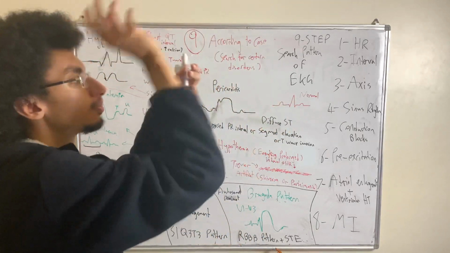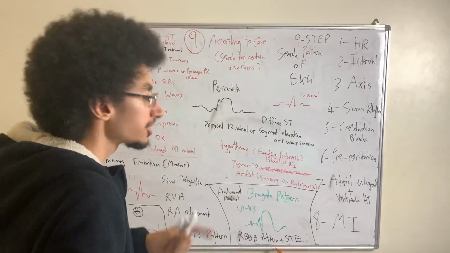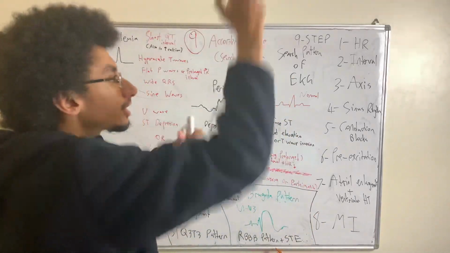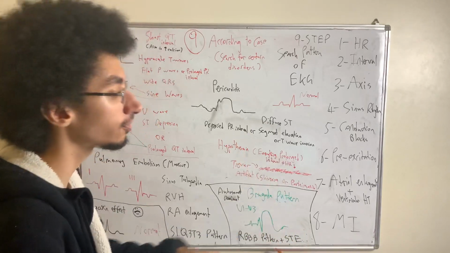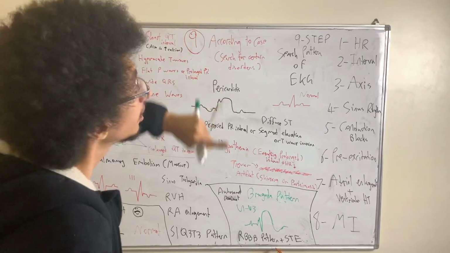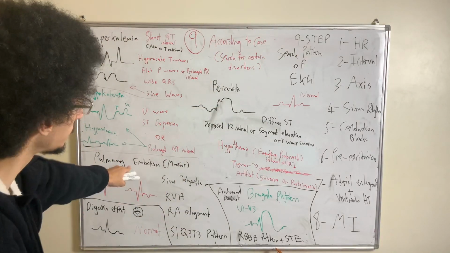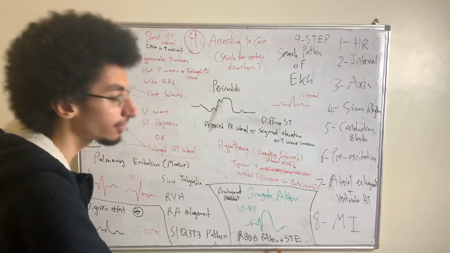So it will contract more and more. It will hypertrophy more and more to send more blood towards the obstructed pulmonary artery, increased afterload. And thus, if the right ventricle is hypertrophied, the right atrium could also be enlarged. So a lot of the EKG signs of pulmonary embolism reflect a problem in the right side of the heart.